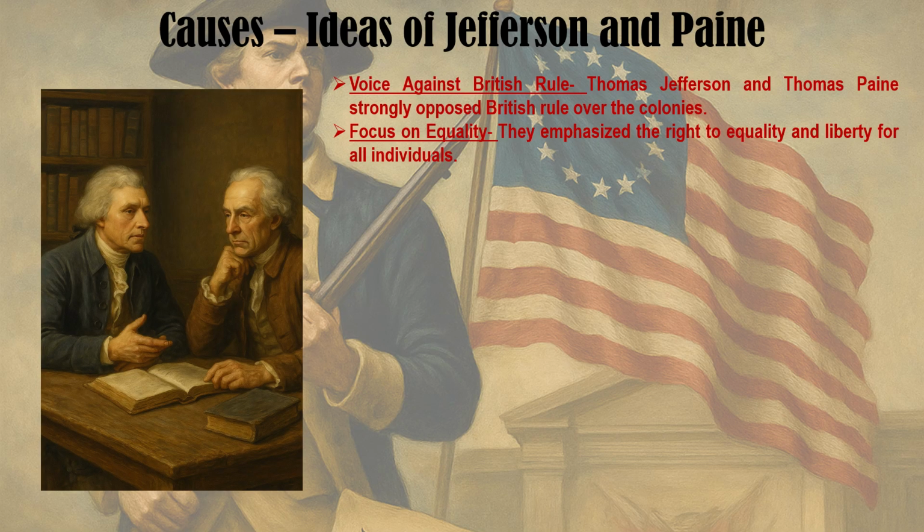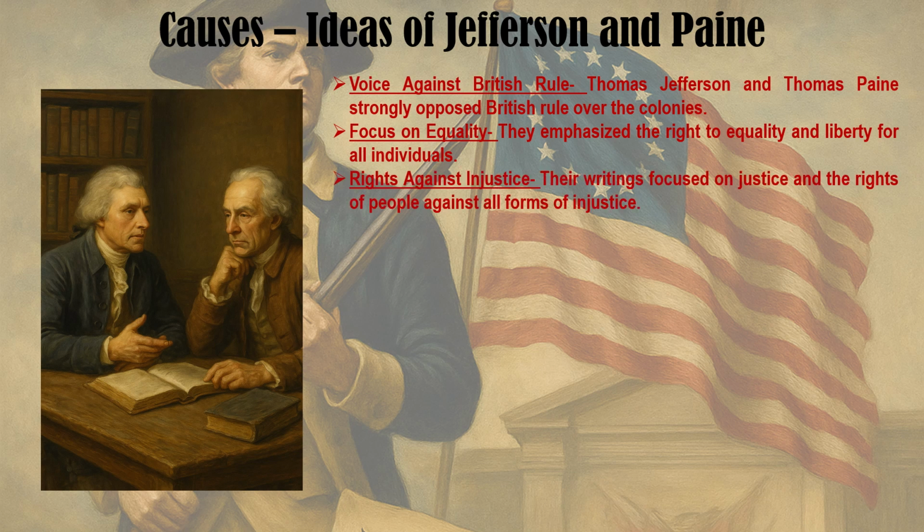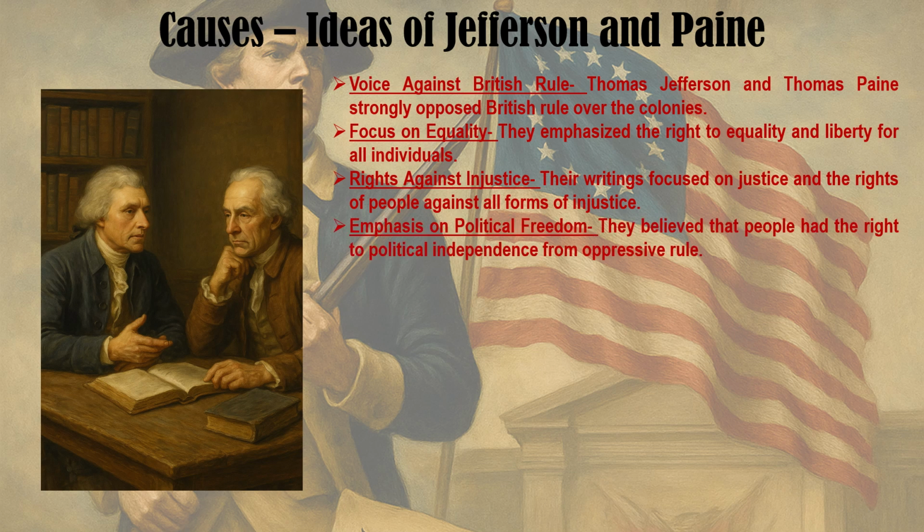They emphasized the fact that every human being is equal and they all have a certain amount of freedom and they should enjoy it. So their writings focused on justice and the rights of people against all forms of injustice. So injustice will no more be tolerated. That was the teaching of Thomas Jefferson and Thomas Paine.